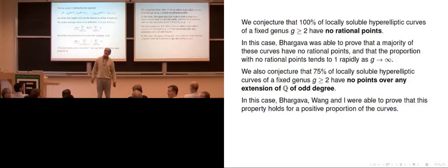When you're taking the limit, do you need to specify somehow how you weigh the different G? No. You fix G. It's a fixed genus G. You fix G and you average over all the binary forms of degree 2G plus 2 by size of coefficients. It's a very naive type of averaging.